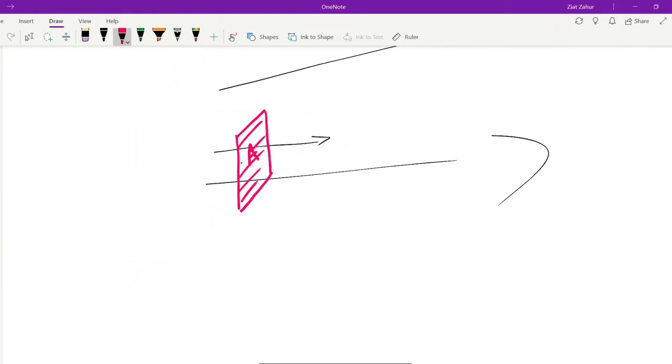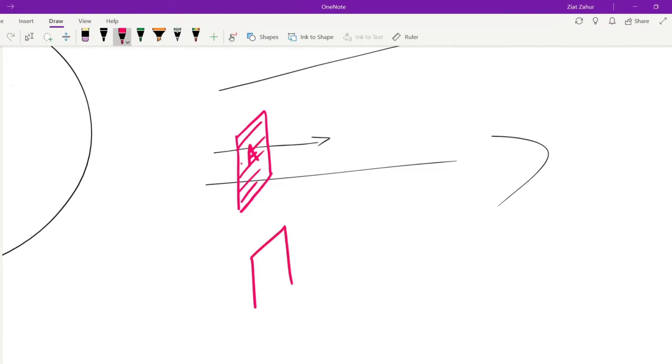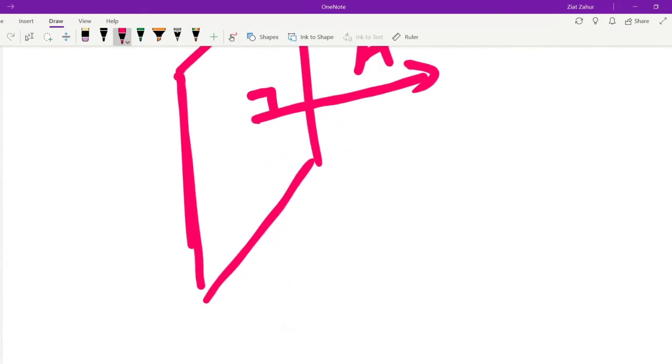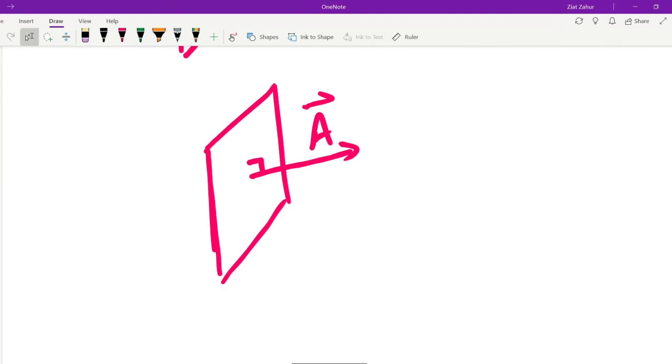Recall that the vector itself would be orthogonal. This is the area vector. The area vector is 90 degrees to the surface of your plane.